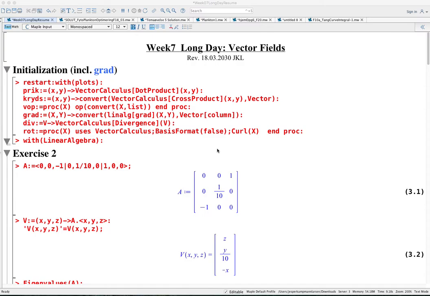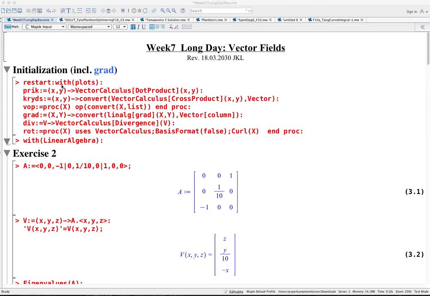I have chosen a few of the exercises, exercise 2, 3, and 7a, in order to illustrate the subjects of last Monday.